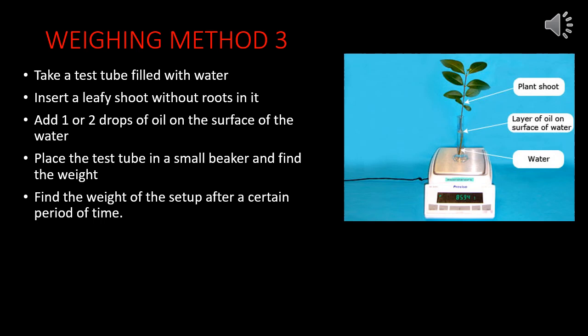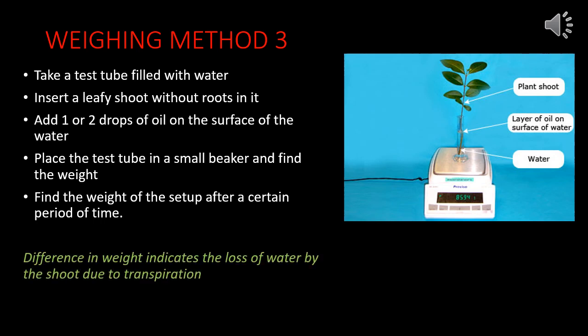Place the test tube in a small beaker and find the weight of it. Find the weight of the setup after a certain period of time. You can see that there will be some change in the weight. The difference in the weight indicates the loss of water by the shoot due to transpiration.